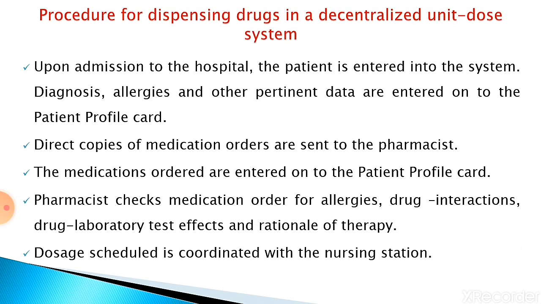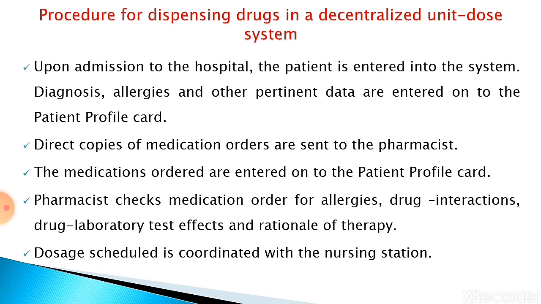Now, what is the procedure for dispensing of the drugs in the decentralized unit dose system? Upon admission to the hospital, the patient is entered into the system. The diagnosis, allergies and other pertinent data or history of the patient are entered onto the patient profile card. Then direct copies of medication orders are sent to the pharmacist.